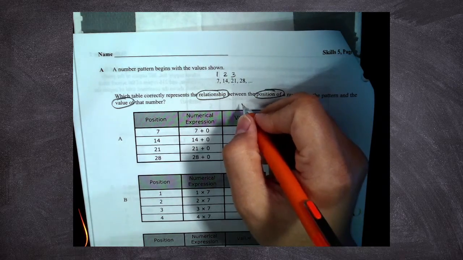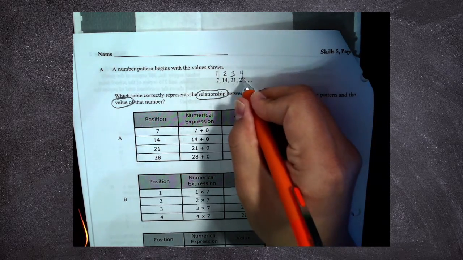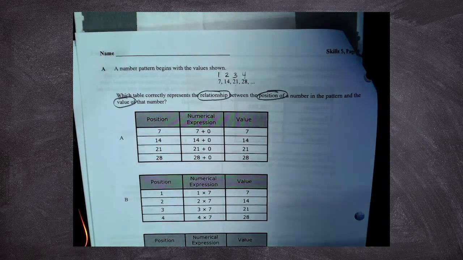The fourth number, its position would be 4. Now, sometimes they'll give me longer lists, means more positions, but for this one, it's just 4. Position 1, position 2, position 3, position 4.